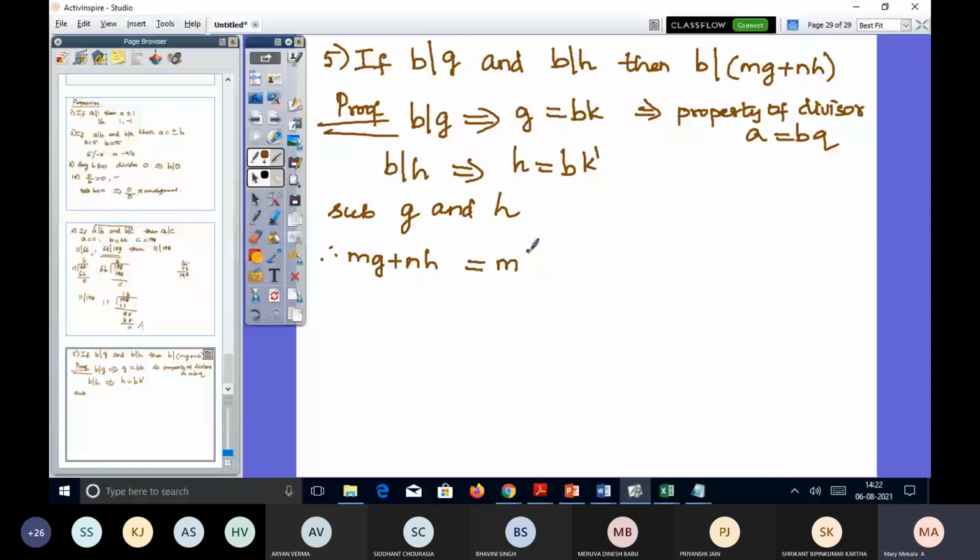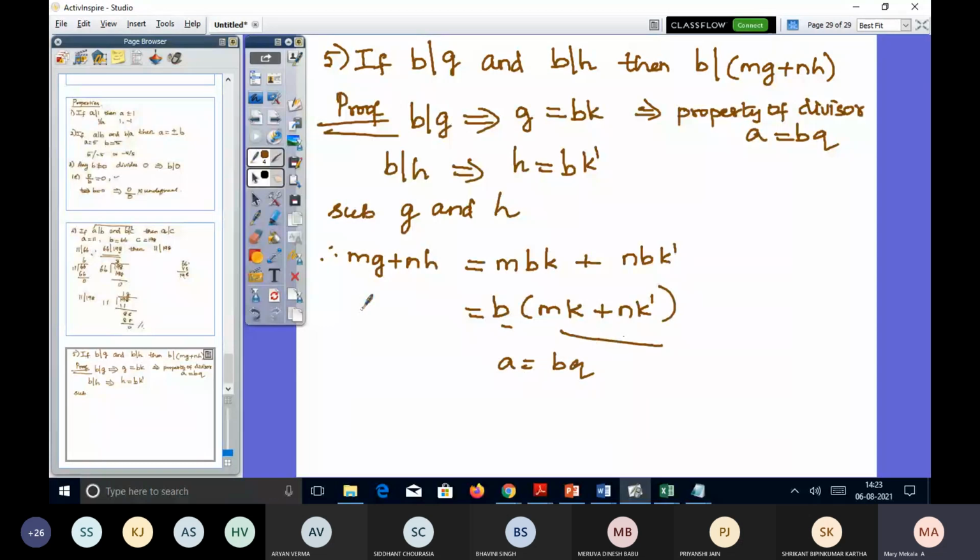BK dash. M into BK plus N into BK dash. Here, which one is the common variable? That is B. So I'm going to take this B out and then I can write Mk plus Nk dash. So this is in the form of A is equal to BQ. This is B and this is Q, isn't it?